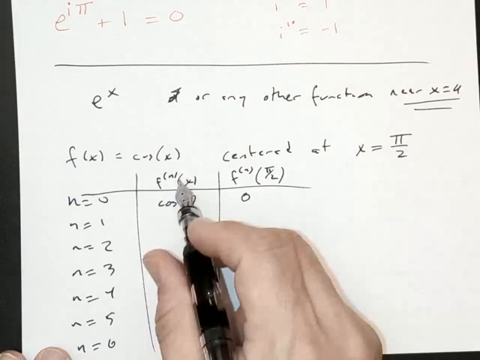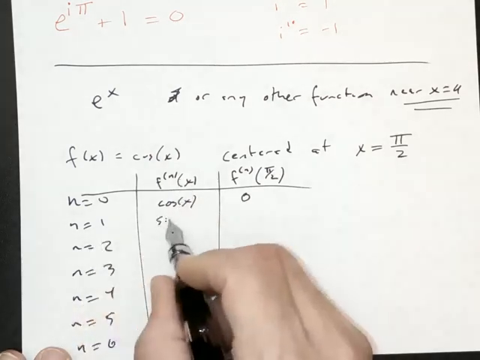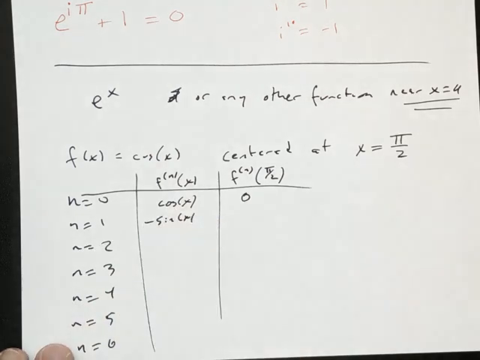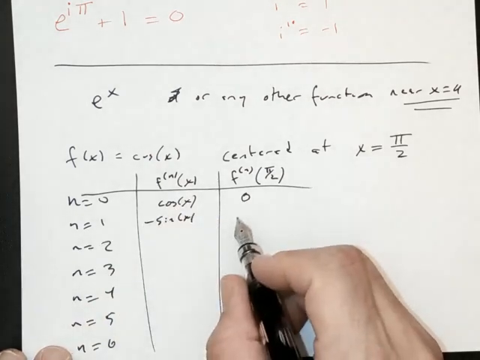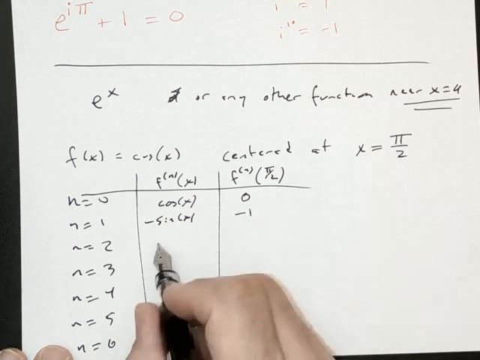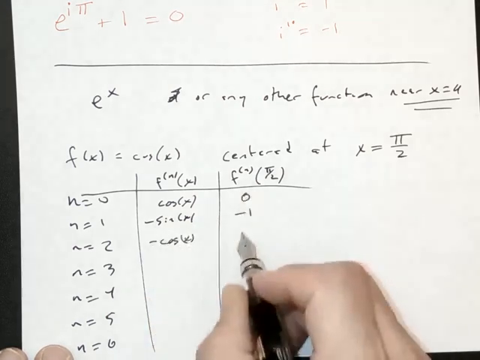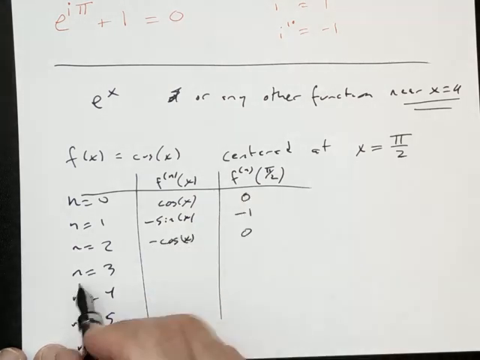When I take the derivative, I get negative sine of x. Wait a minute, derivative of sine is cosine, derivative of cosine is minus sine. What's the value of negative sine of pi over 2? Derivative of negative sine is negative cosine, but cosine of pi over 2 is 0.